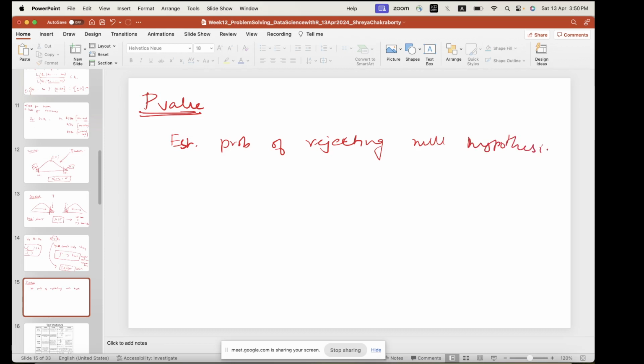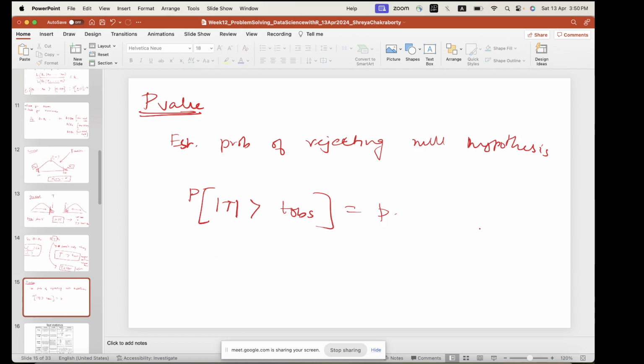For a two-sided test, the probability of t greater than t observed is my p-value.